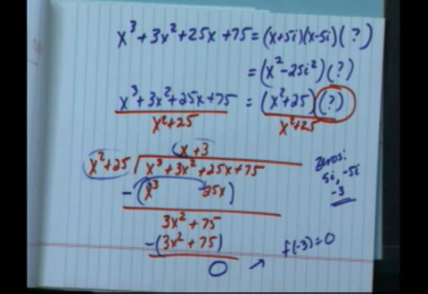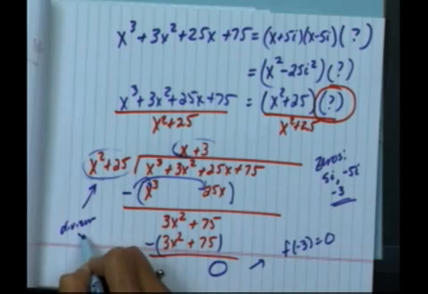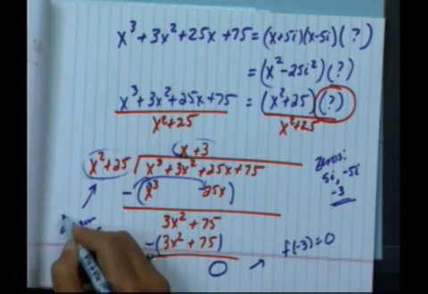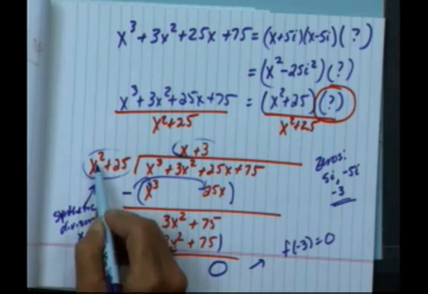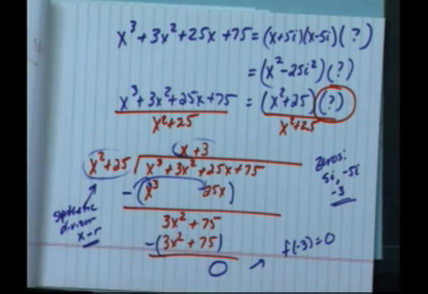I thought synthetic division was a substitute for long division? Synthetic division is a substitute for long division as long as your divisor is x minus r. That's x squared plus 25. You can't use synthetic division unless your divisor is x minus r.